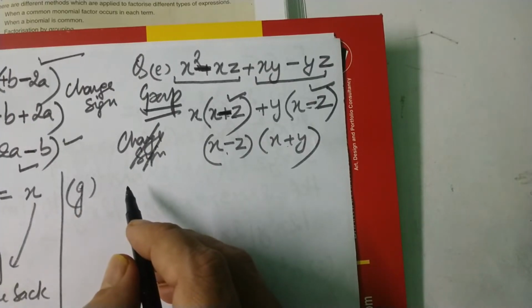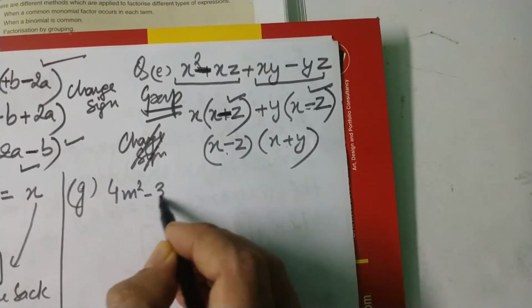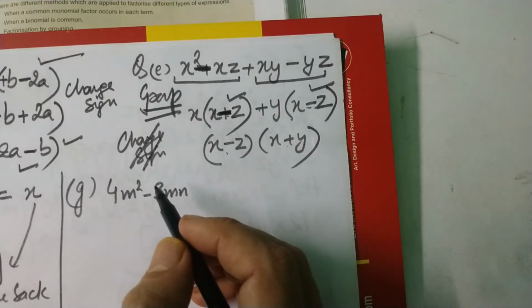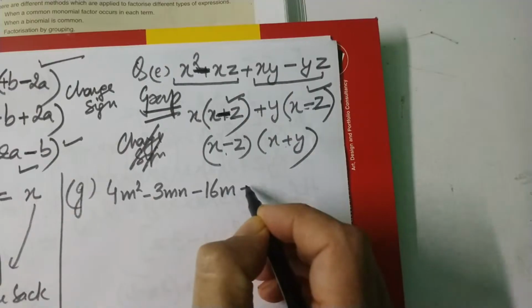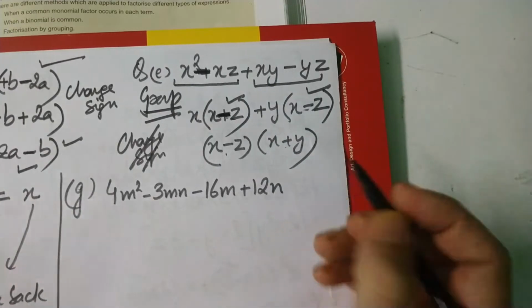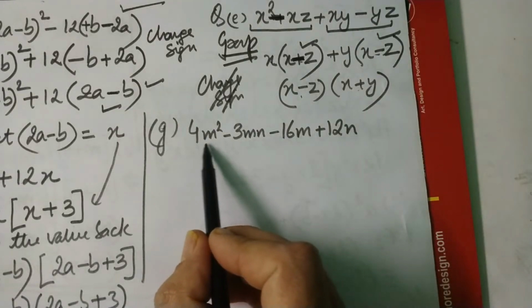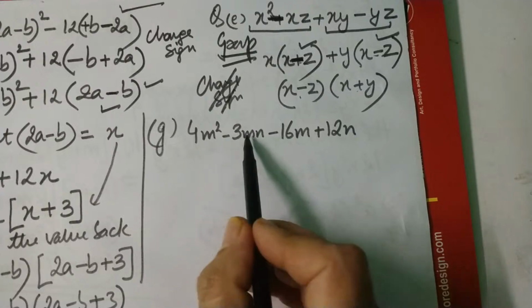It is 4m square minus 3mn minus 16m plus 12n. Now here again 4, 3, 16, 12. There is nothing common in 1, 2, 3, 4.